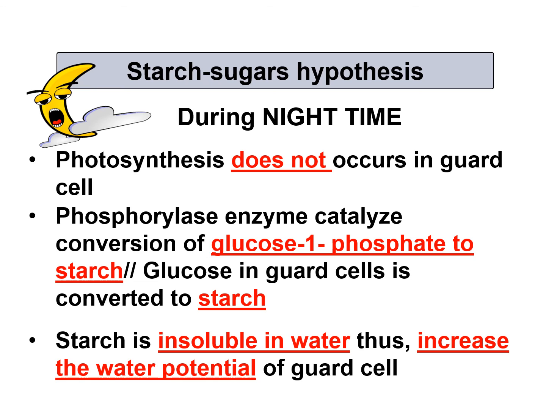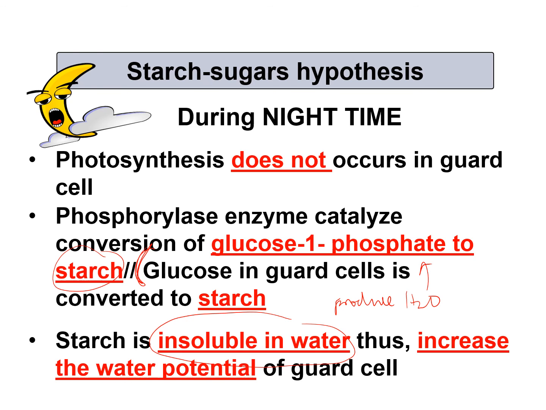At night, no photosynthesis occurs in the guard cells, or less photosynthesis occurs. The rate of the photosynthesis decreases. So phosphorylase enzyme will catalyze the conversion of glucose 1-phosphate to starch. Or in an easier way to say, glucose in guard cells is converted to starch, since starch is insoluble in water, and the process here produces more H2O.